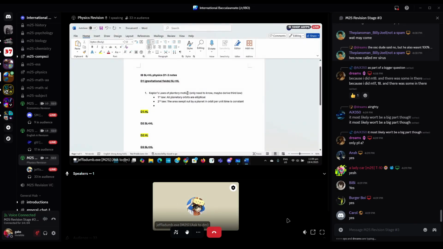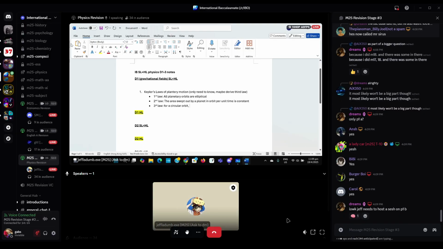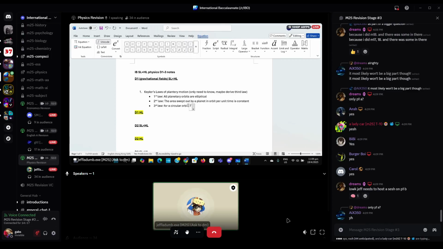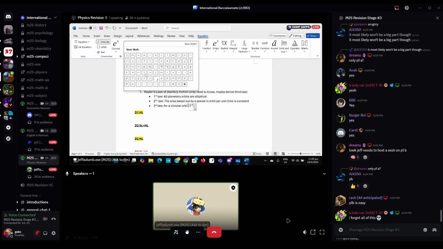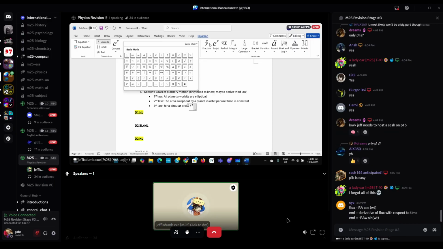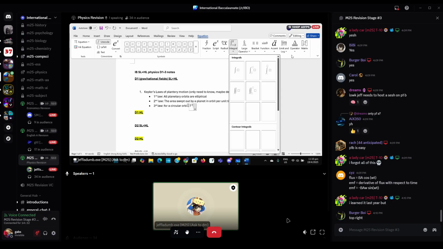The third law is that for a circular orbit, T squared is proportional to r cubed. The time period of orbit squared is directly proportional to the radius cubed.